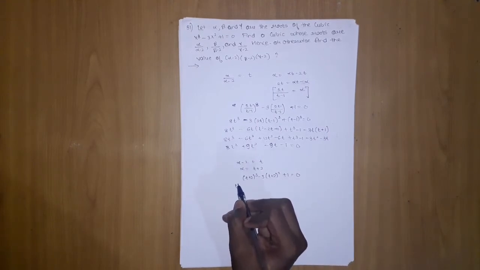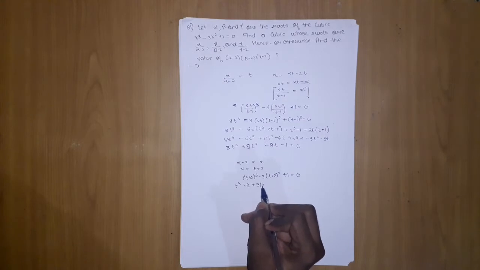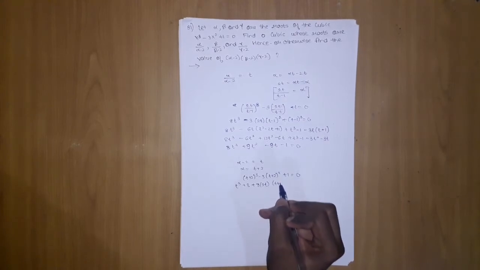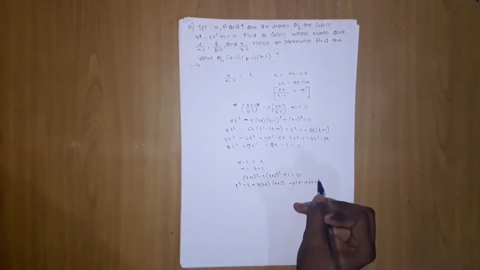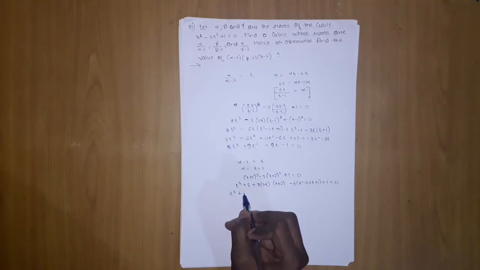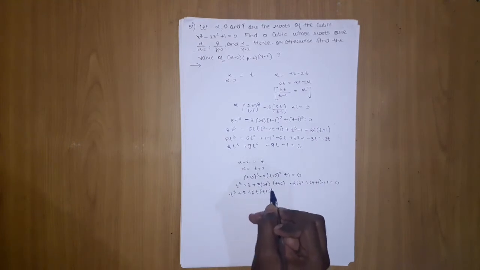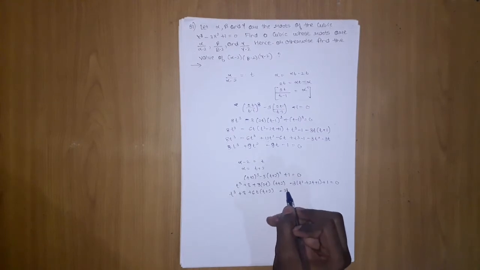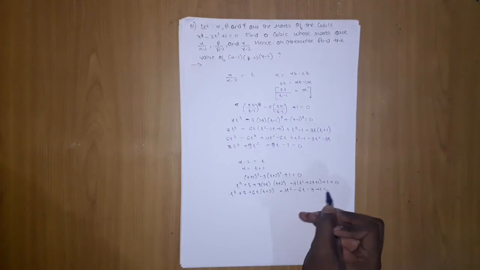If I apply it, t cube plus 8 plus 3 into 2t, t plus 2, minus 3 into t square plus 2t plus 1 equal to 0. Moving on further, t cube plus 8 plus 6t into t plus 2 minus 3t square minus 6t minus 3 plus 1 equal to 0.